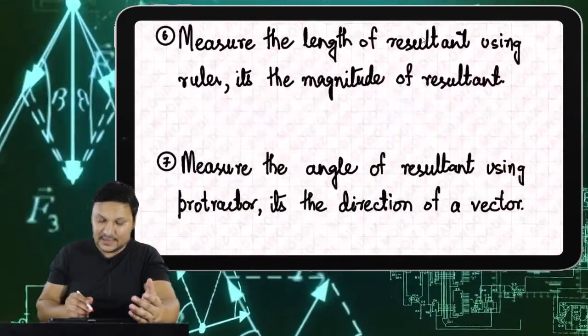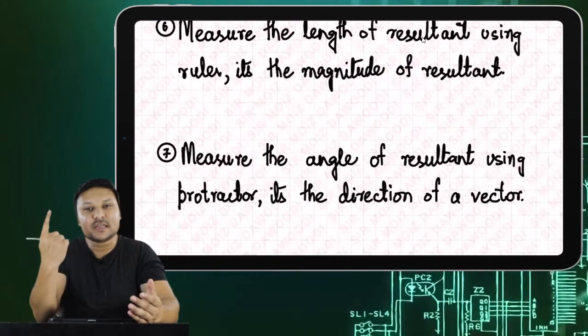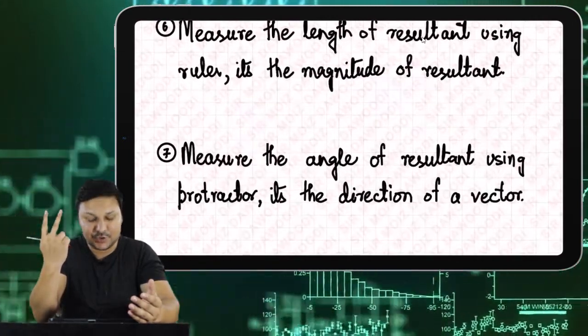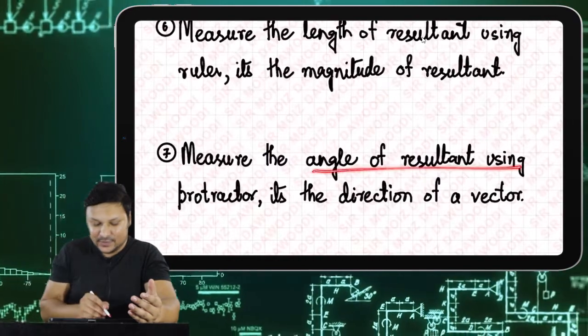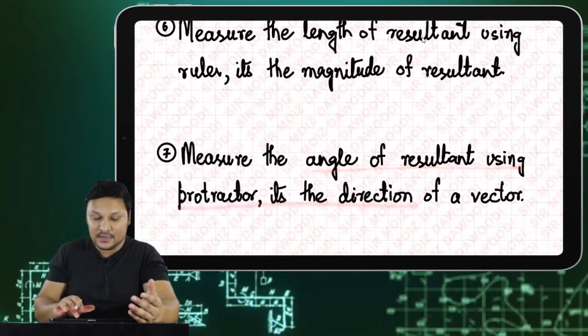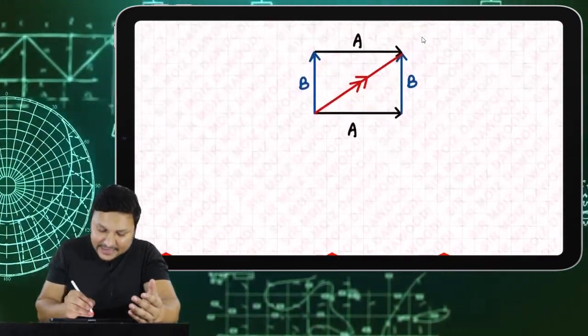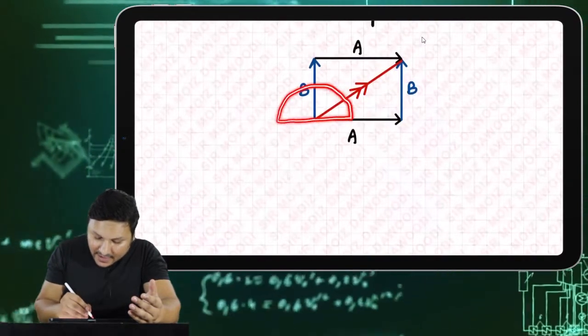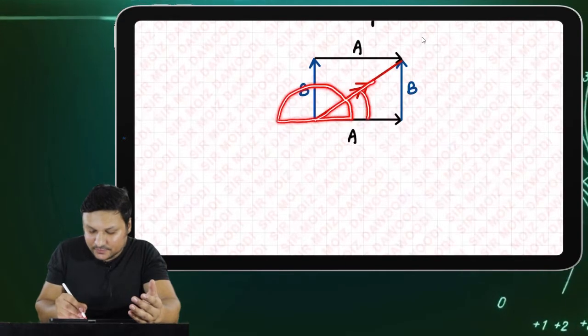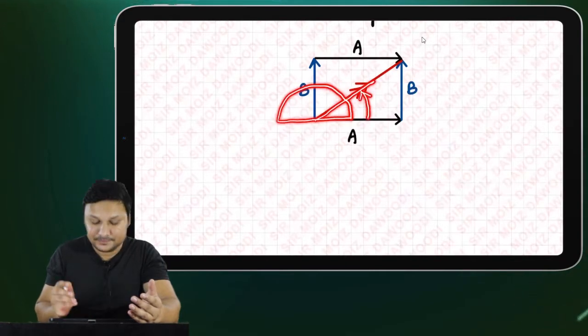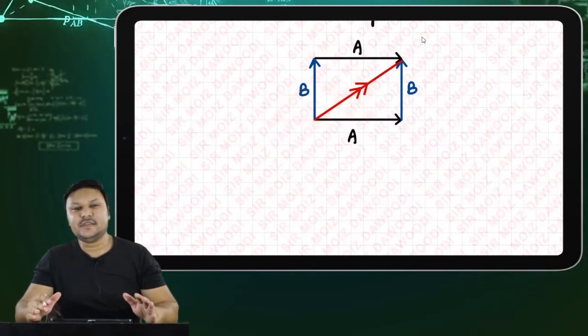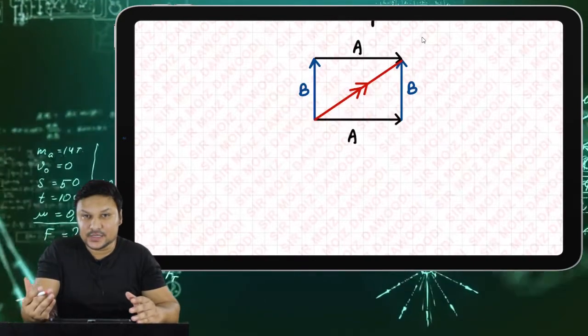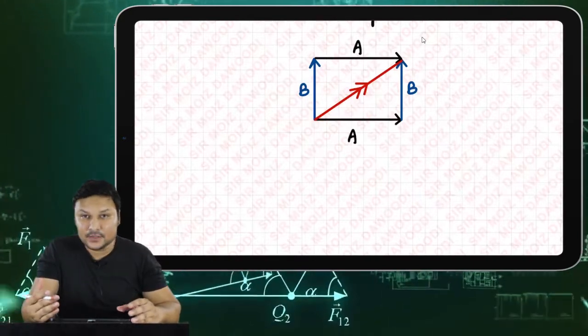And finally, since a vector has magnitude as well as direction, we need to find out the direction using protractor as well. And how can we find out the direction? We will place the protractor like this, and we will measure this direction. Okay. So these were the 7 steps through which you can find out the resultant using parallelogram method.